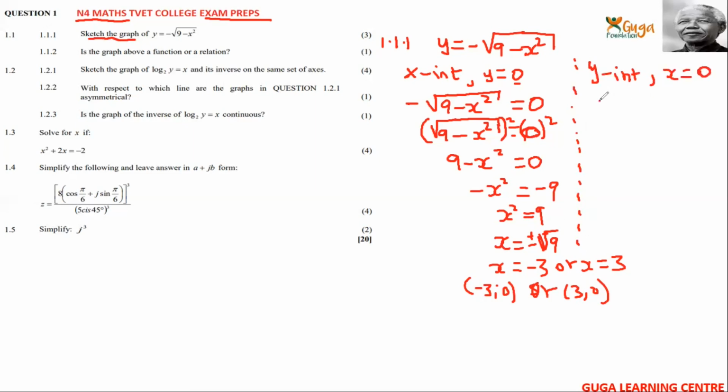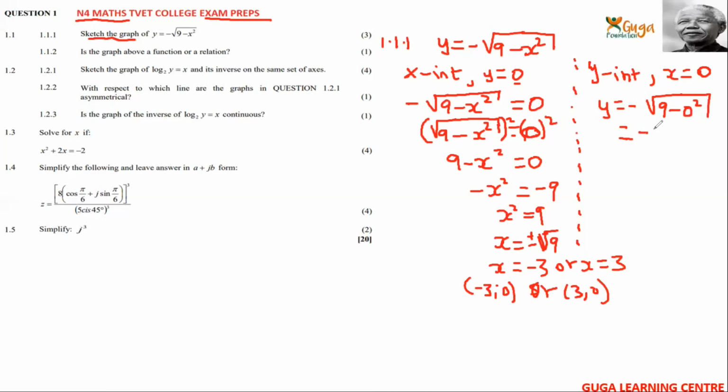So your y will be equal to negative root of 9 minus 0 squared, which is equals to 9 minus 0 is 9, right?